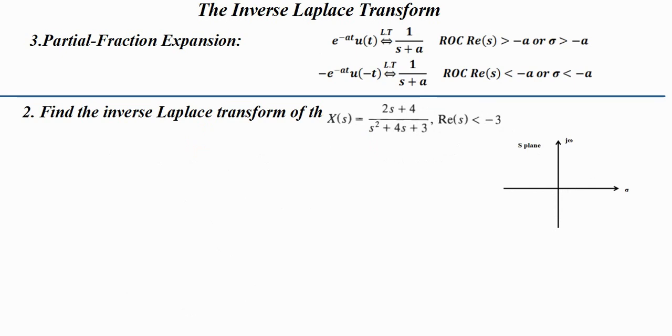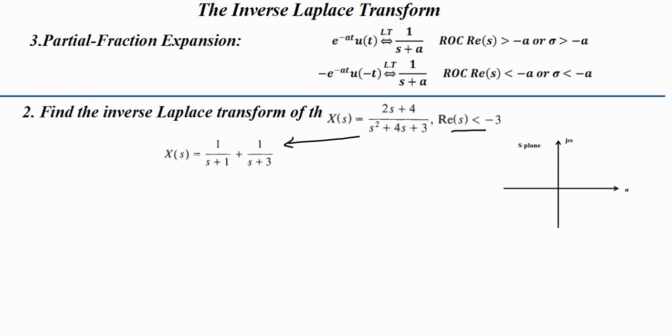For the next question, it is the same expression, so the factorization part will be the same, similar to the previous question. We only need to verify the ROC. If you factorize, you will get the same result, but the ROC is different.